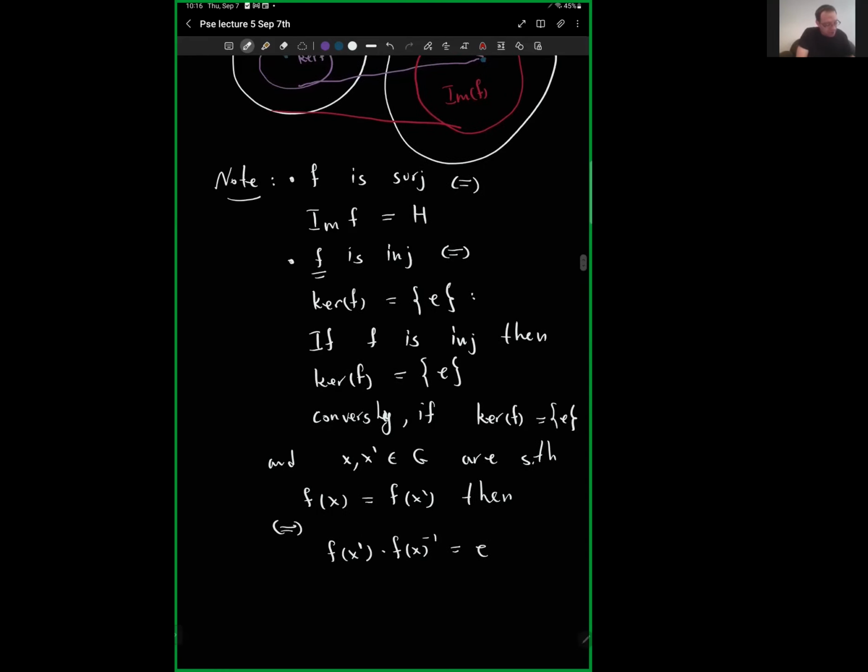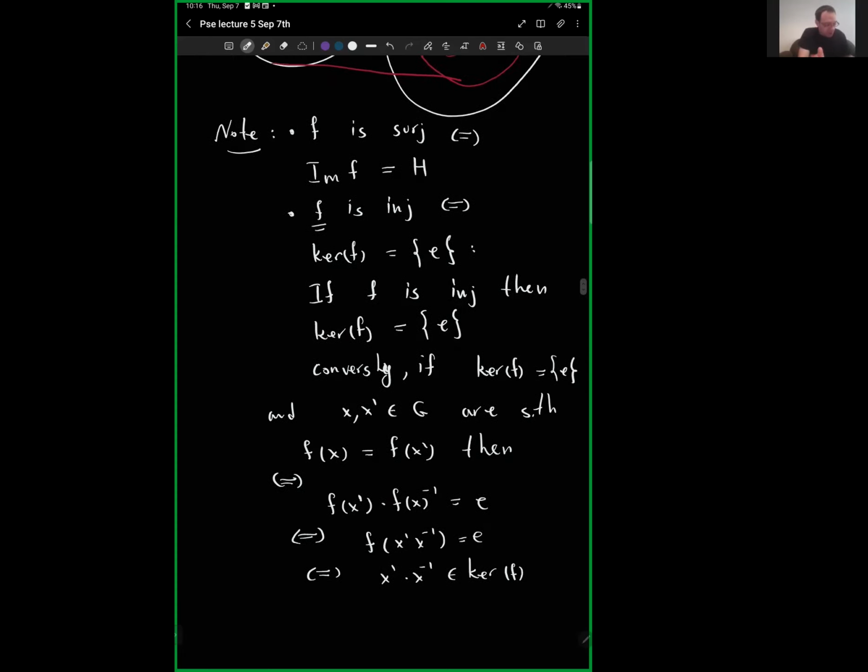And since F is a homomorphism, it commutes with the binary operation and with taking inverses. So I get that F of X prime X^-1 is equal to E, which is the same as saying that X prime times X^-1 is an element in the kernel.